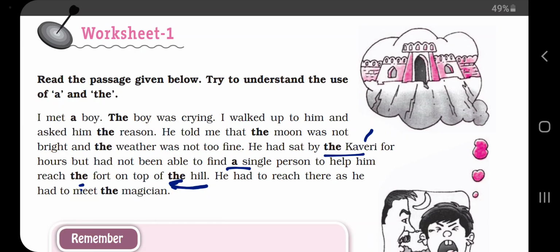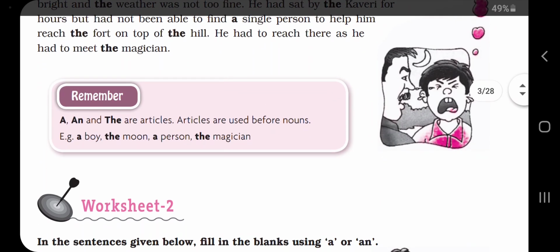Because we are talking about the hill where the fort is, so it is specific. He had to reach there as he had to meet the magician. The articles are used before a noun: a boy, the moon, a person, the magician.